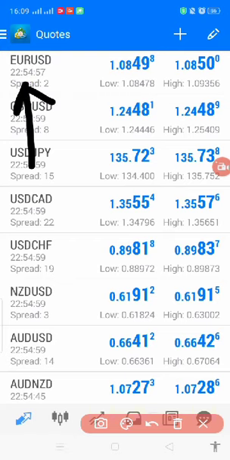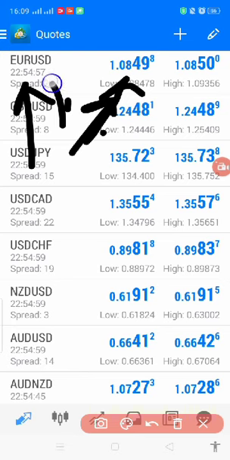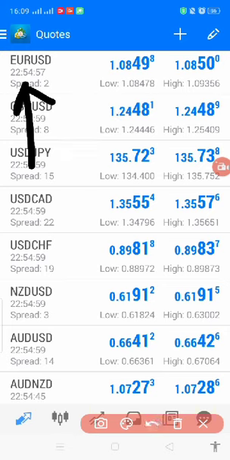Now, Euro USD, you have the low. This price up here has to do with the available price that you can sell this instrument, Euro USD.